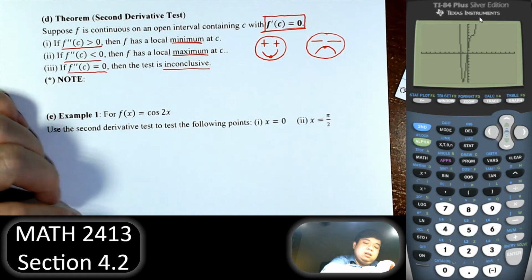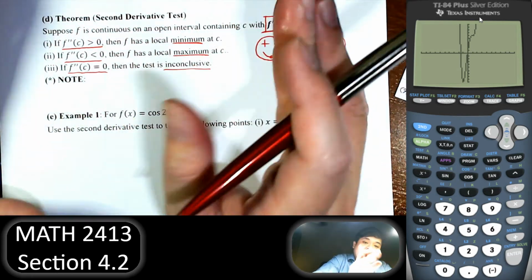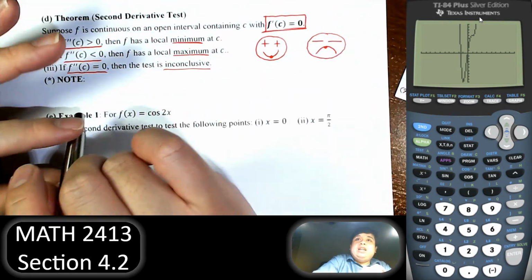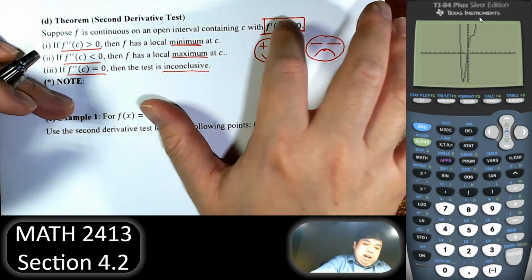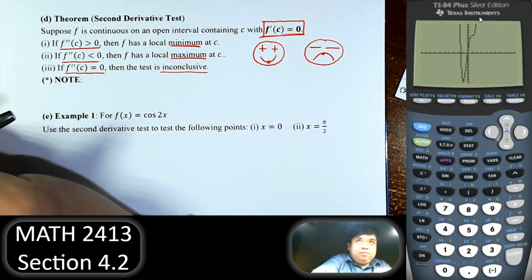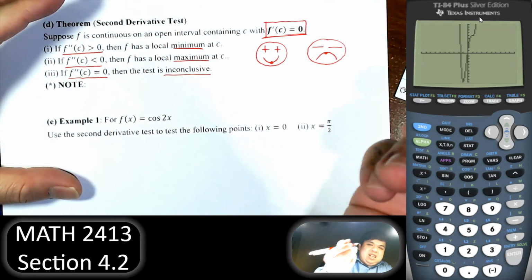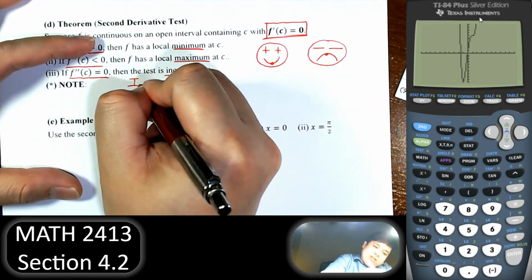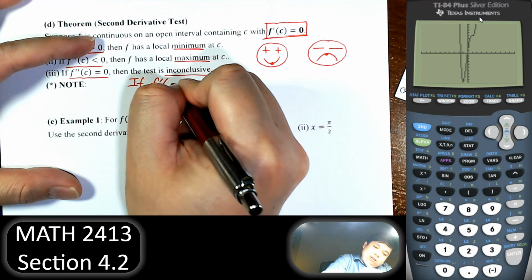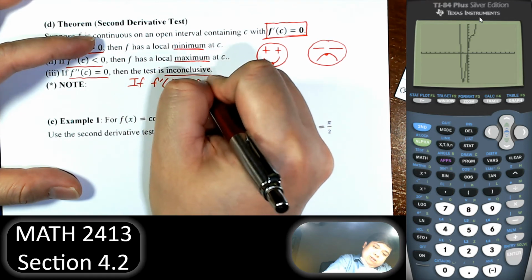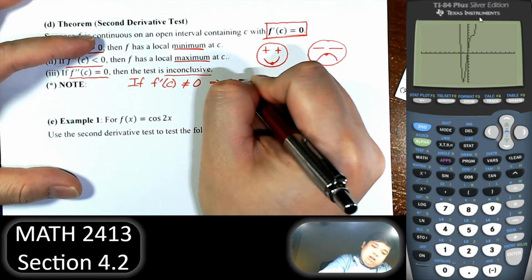But if we use the second derivative test, we need to have the derivative equal to 0. If it is not equal to 0, then it is not a critical point.